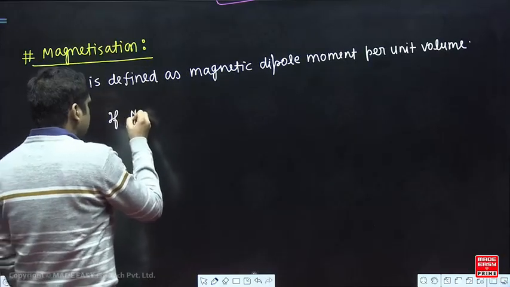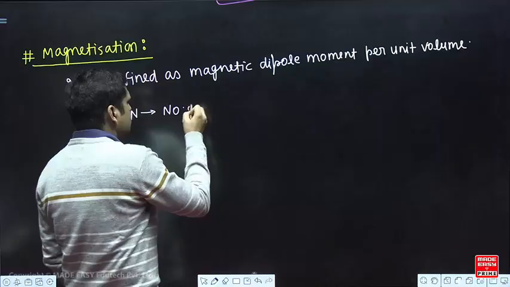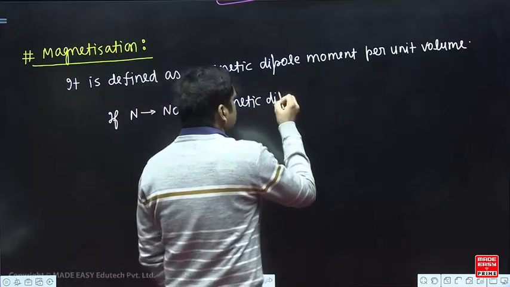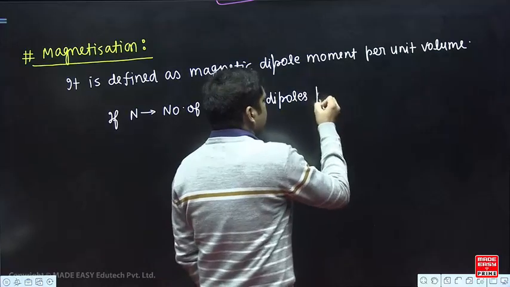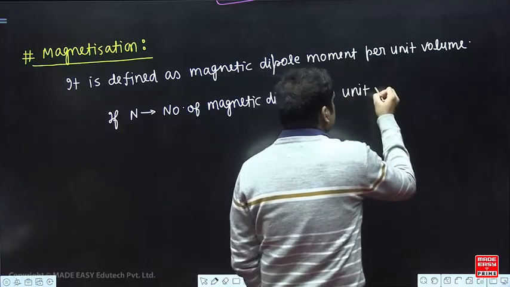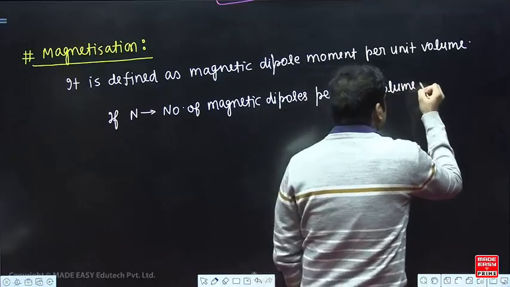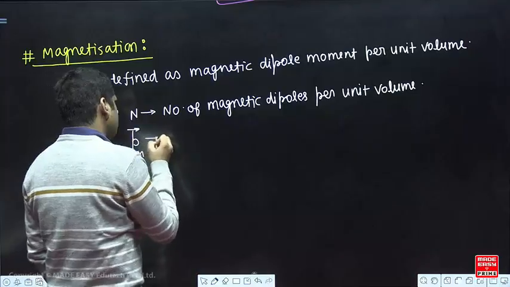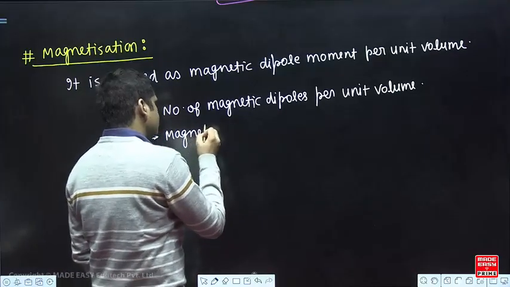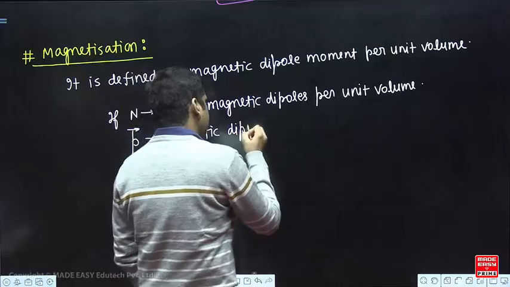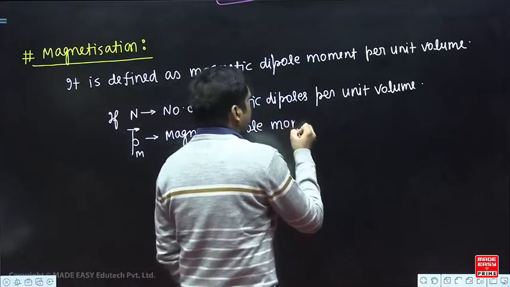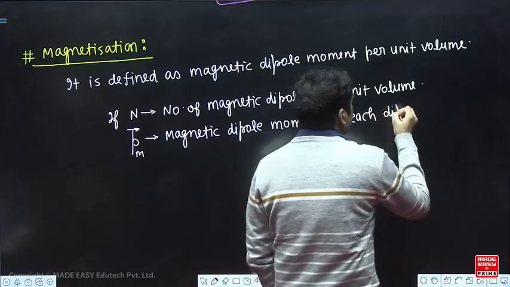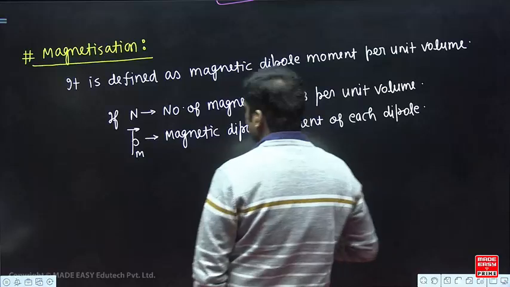Suppose n is the number of magnetic dipoles per unit volume, and Pm is the magnetic dipole moment of each dipole.